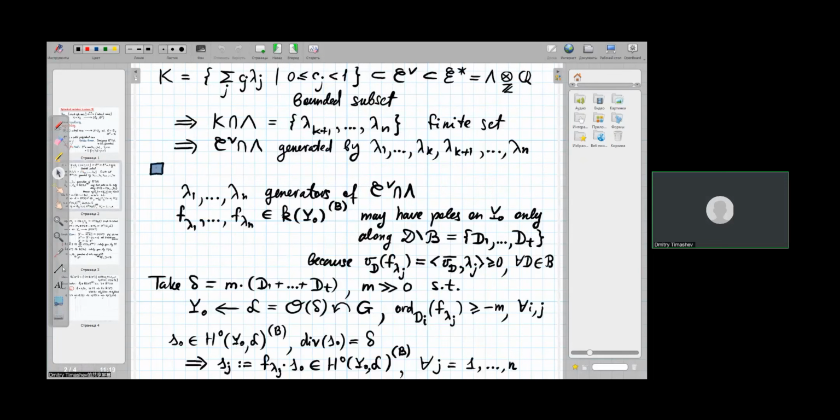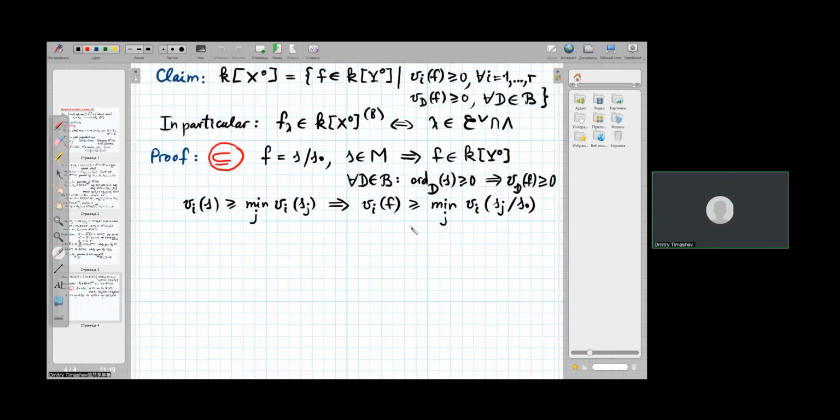So Sj is f lambda j times S naught. That means f lambda j is Sj over S naught. Maybe I should write here that this is exactly f lambda j. And therefore, this minimum is exactly the minimum over j of all pairings of Vi with lambda j. Okay?